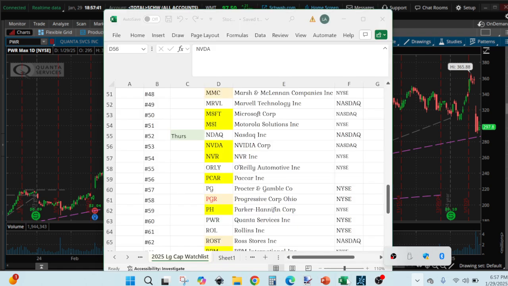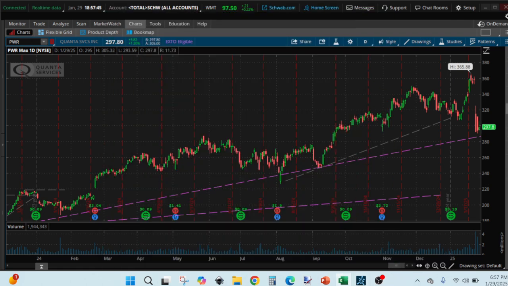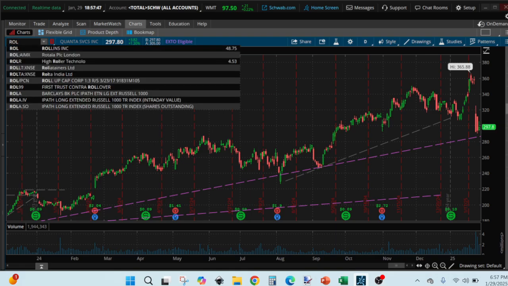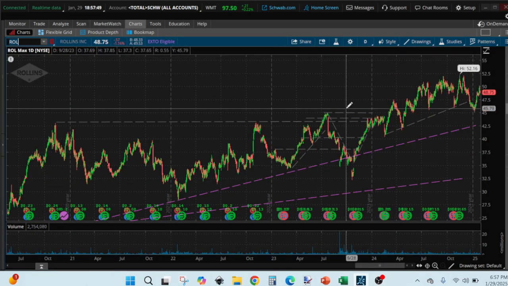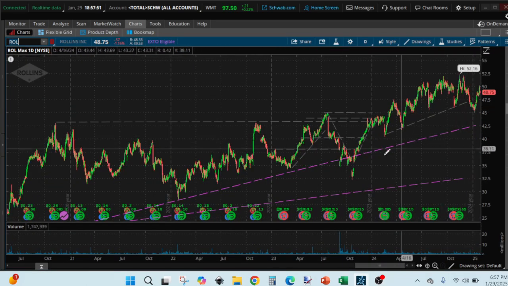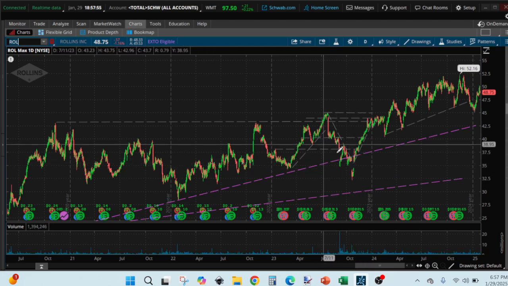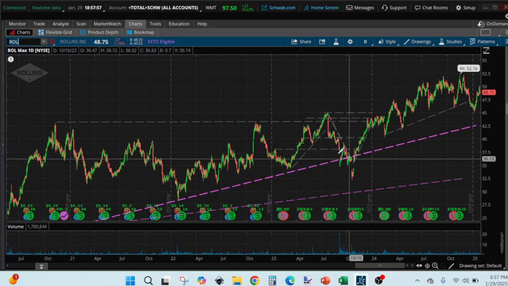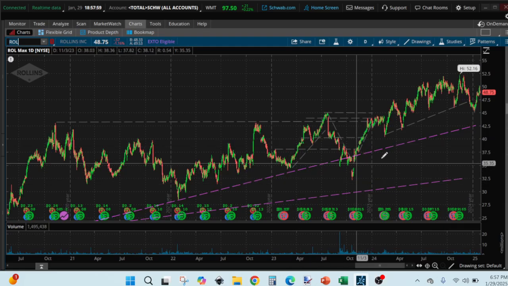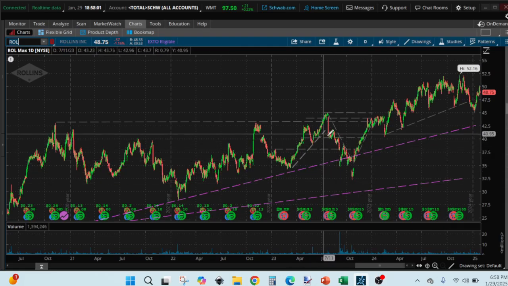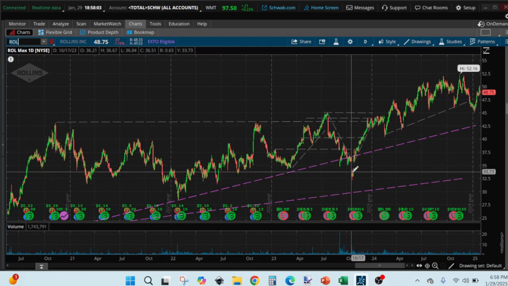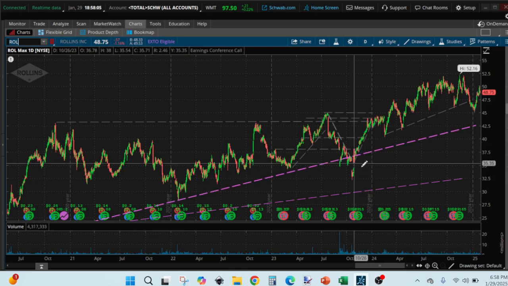Okay, so the next one is ROL. Sometimes I go across some price bar, because I think sometimes it goes below the trend line.